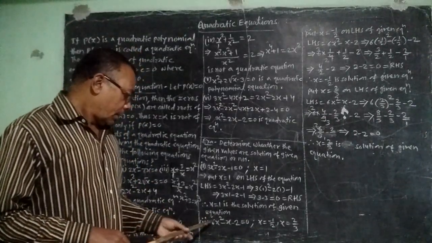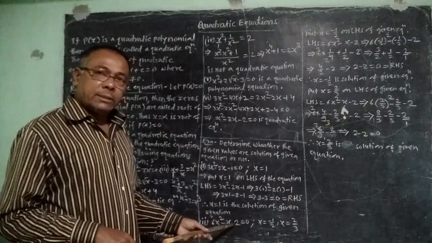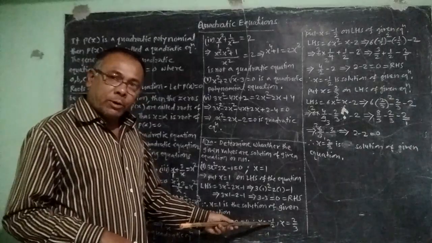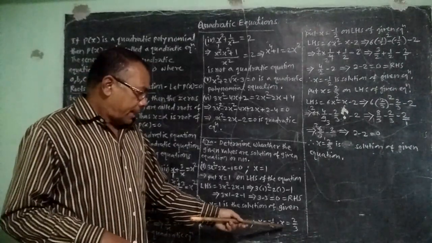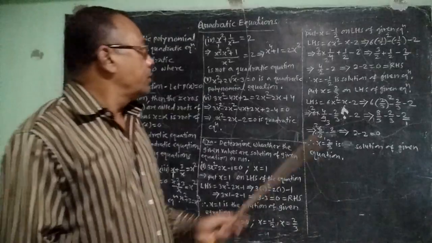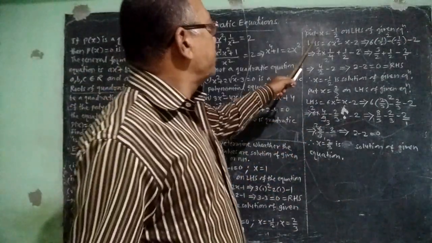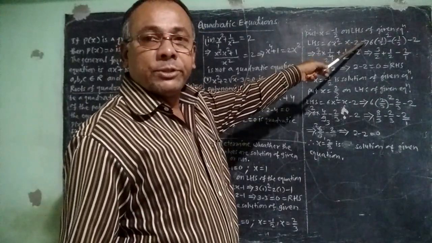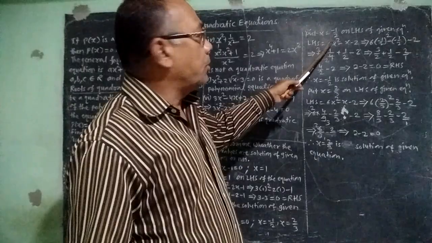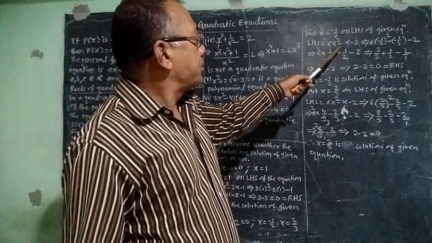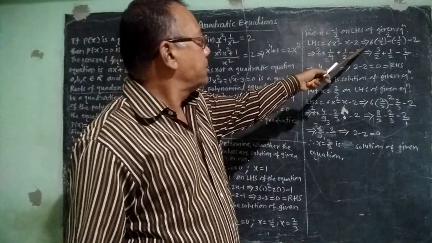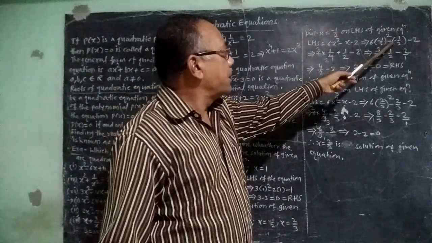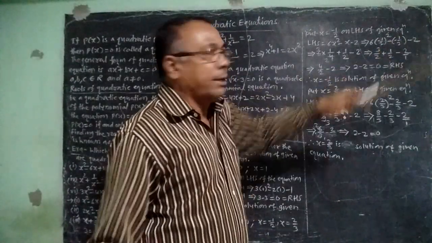Now 6x square minus x minus 2 is equal to 0 for x is equal to minus 1 upon 2, or minus 1 half, and x is equal to 2 upon 3. Here put x is equal to minus 1 upon 2 on LHS of the given equation. LHS is equal to 6x square minus x minus 2, which gives 6 into bracket minus 1 half square, minus bracket minus 1 half, minus 2.